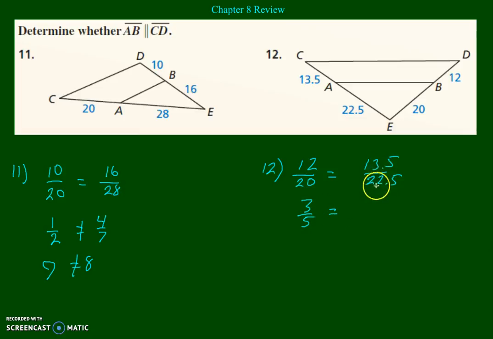And 13.5 divided by 22.5 is 3/5. So yes, these are in proportion. Therefore, these two triangles are similar, and this is parallel to CD. So let's move on to the next problem.